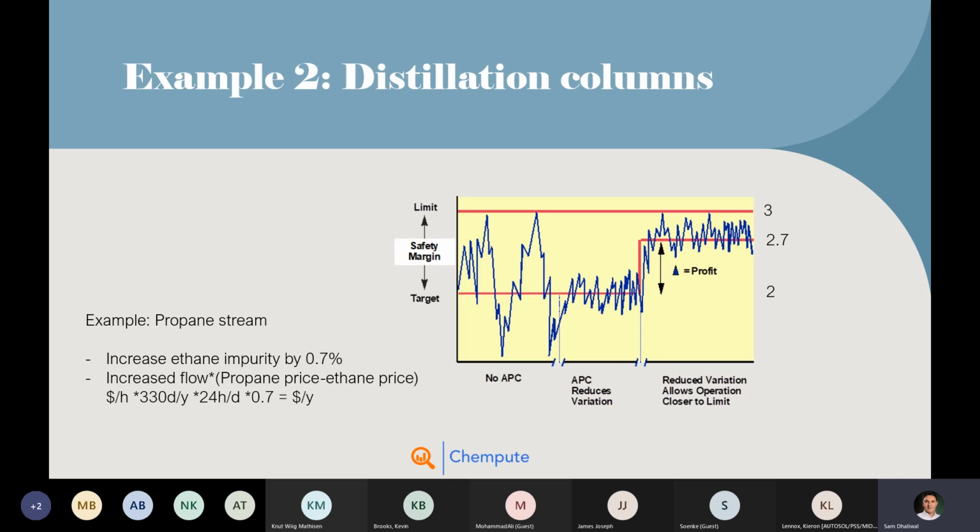And there's many ways of doing this, but you can also look at a molecular basis, convert the amount of extra percentage of ethane into a flow, and then look at the differential in the price of propane and ethane, and multiply it by the number of days a year, hours, and this is the 70% of the time, which is the factor that I use, but you might choose to use a different factor, and you will end up with a dollars per year type of benefit here.